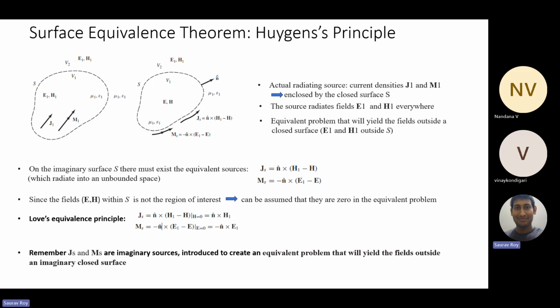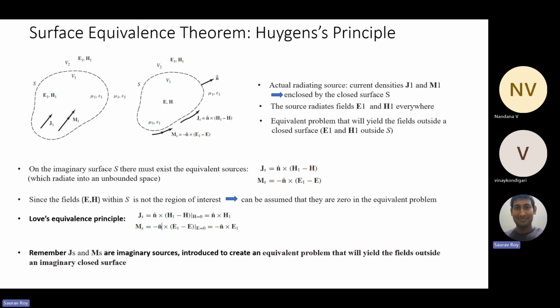Now we are creating this equivalent problem with E1 and H1 outside S. So how do we get these imaginary sources on the surface? That comes from the boundary value theorems. If you take the interface between two regions, the boundary between V1 and V2, one has fields E and H, and another has fields E1 and H1 outside.